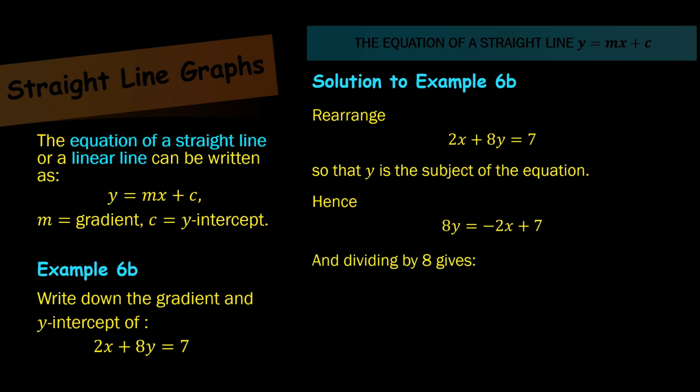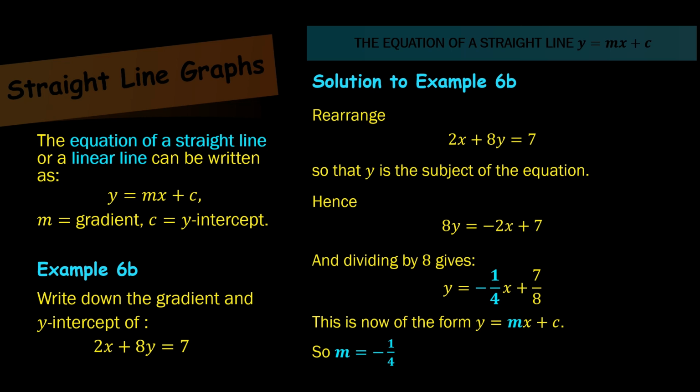Now we can divide by 8 to give us y equals minus 1 over 4 x plus 7 over 8. The equation is now in the form y equals mx plus c, and therefore m equals minus 1 over 4 and c equals 7 over 8.